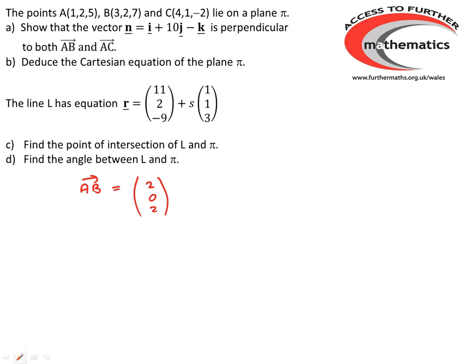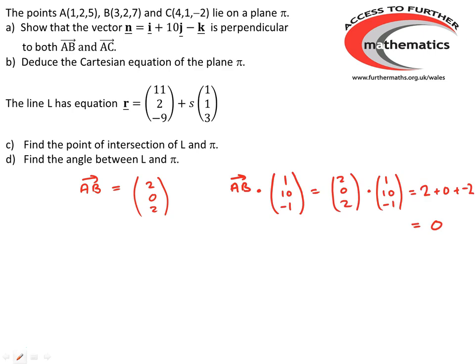So the scalar product 2, 0, 2 dot 1, 10, minus 1 gives me 2 plus 0 plus minus 2, which gives me 0, which tells me that because the scalar product of AB and n is equal to 0, the vector AB must be perpendicular to the vector n.